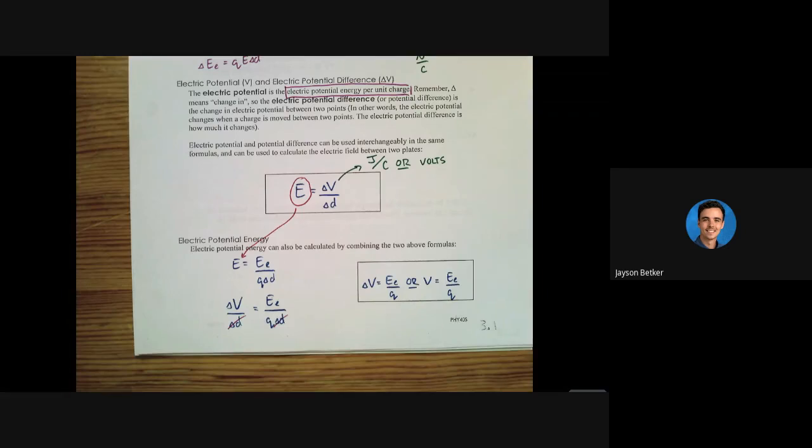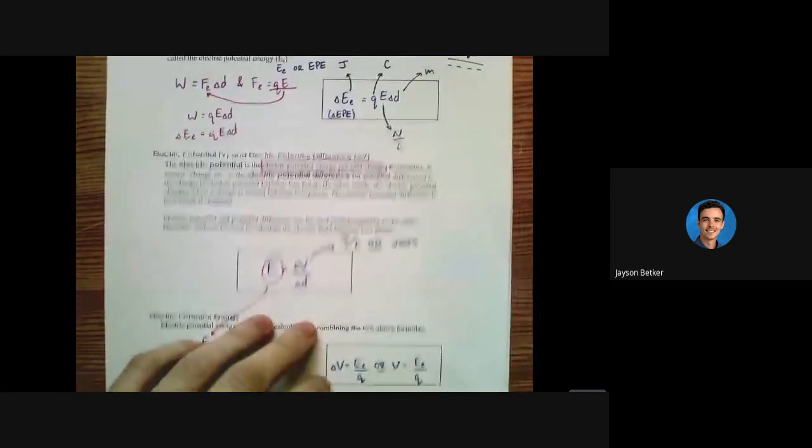So it's either the electric potential difference or the electric potential. In one case, I'll tell you what it was at one point, and you have to find what it is at the next one. If I ask for the electric potential difference, you subtract them. In the other case, I'm just going to ask you what the electric potential is at a given point.